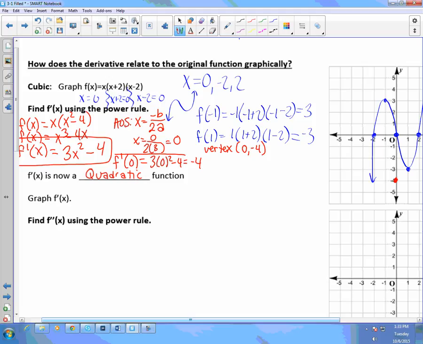So how do we find those points where it crosses the x-axis? Plug in 0 for y. If you're on the x-axis, your height is 0. So we need to plug in 0 for y and solve. So 0 equals 3x squared minus 4, and find the x-intercepts.